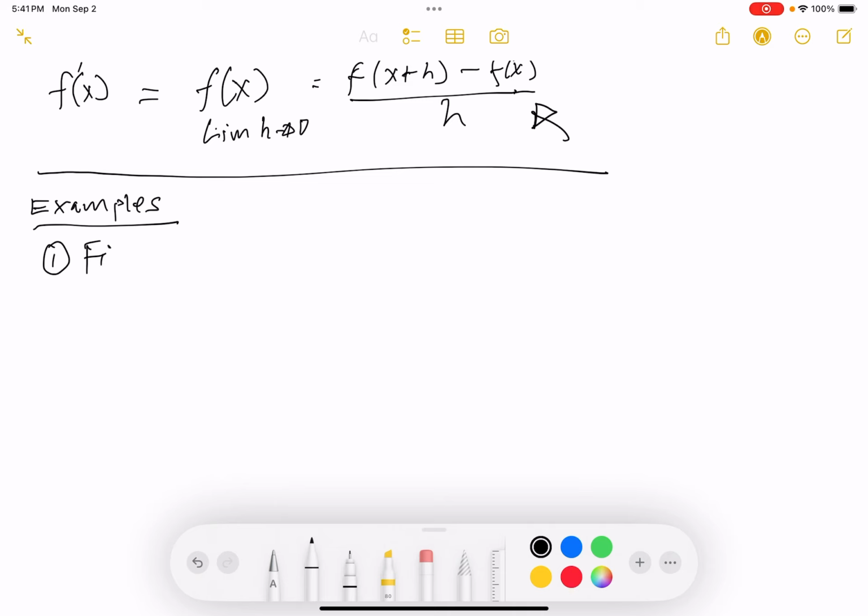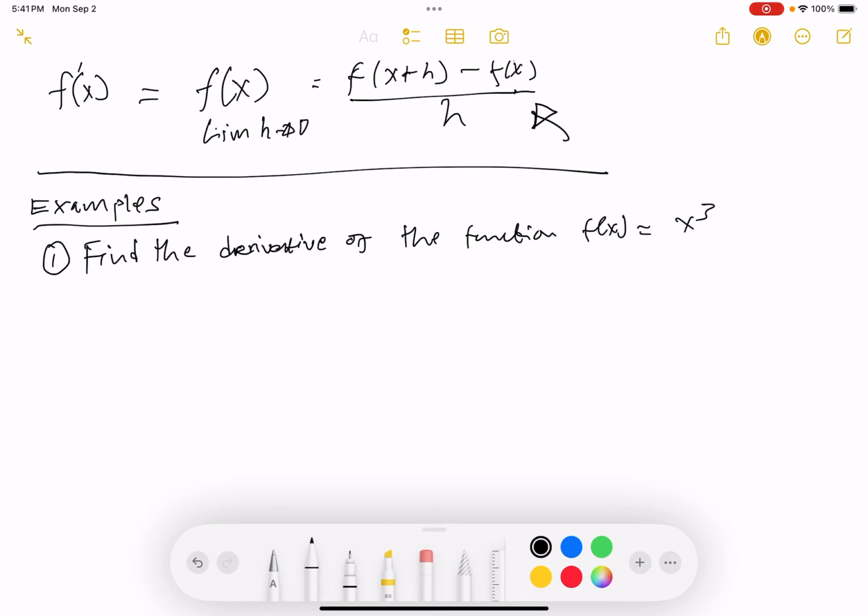Find the derivative of the function f of x is equal to x cubed.